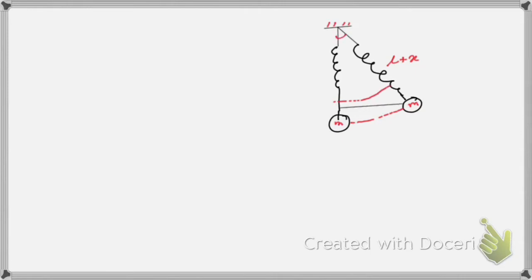This is the pendulum after extension, and L plus X is the length after extension. This is the original part, and now you see theta, and this length, according to trigonometry, must be L plus X cos theta.